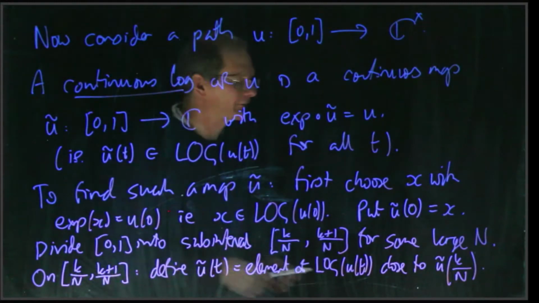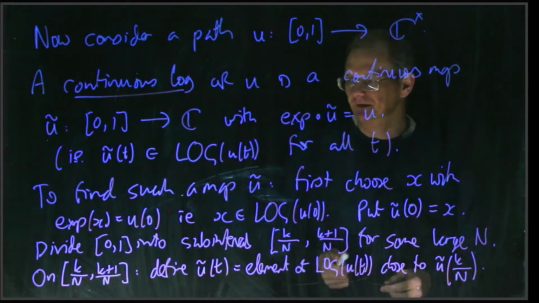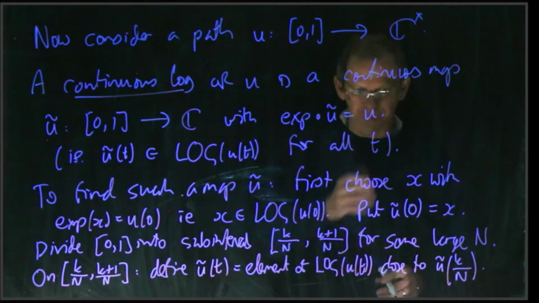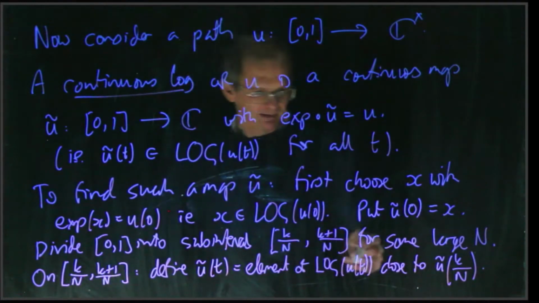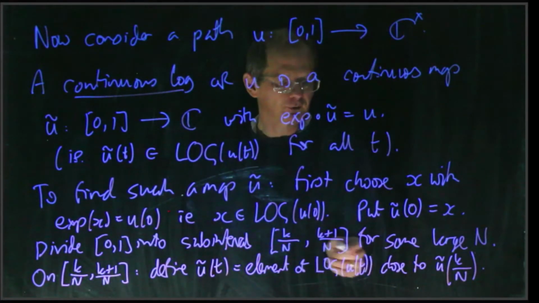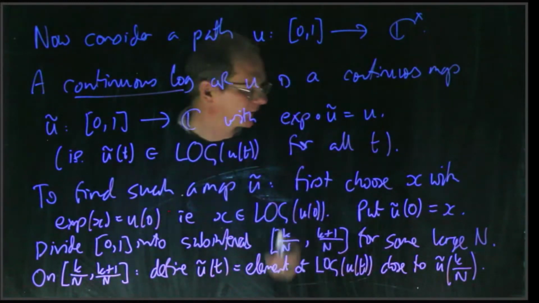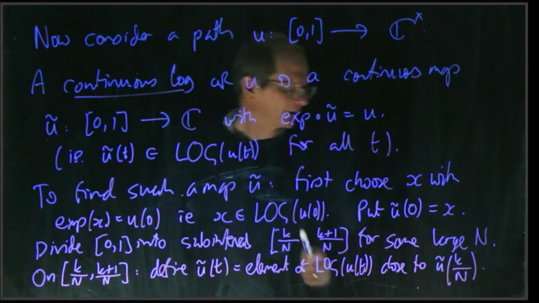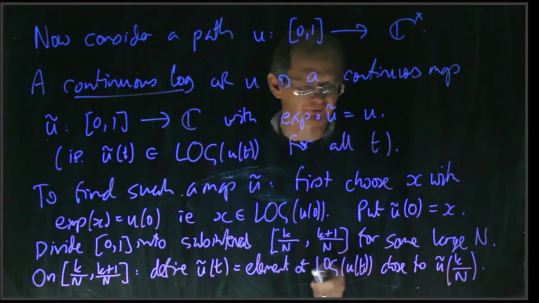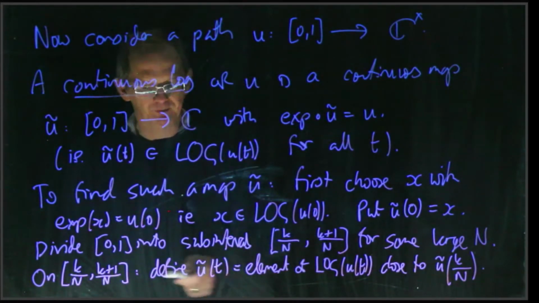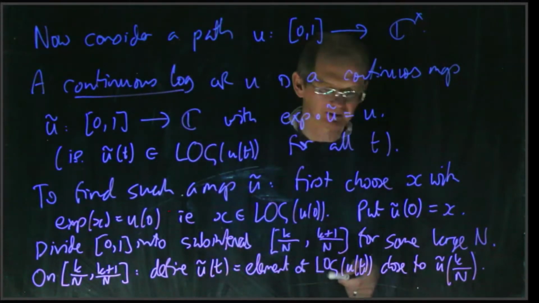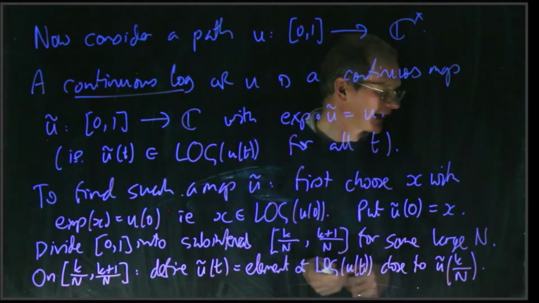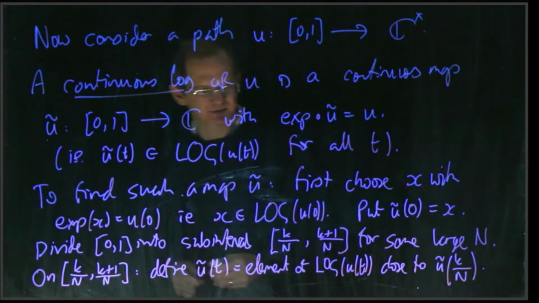So u of t is going to be close to u of 0, and so you look at all the possible logarithms of ut. There's going to be a whole bunch of them, and they're all well spaced out, but only one of them is going to be close to our original choice, u tilde 0. So that's what we do on this first interval, and that gives us u tilde of 1 over n, and then we just carry on doing the same sort of thing.